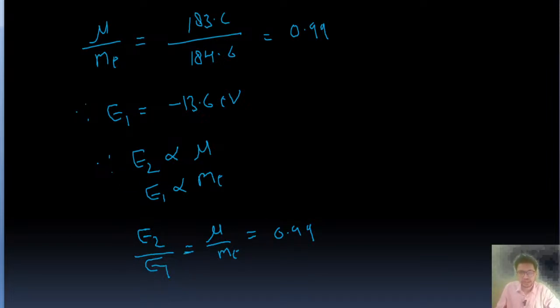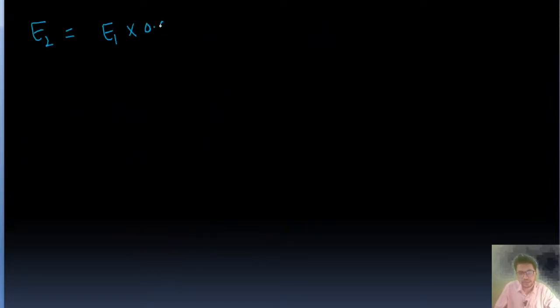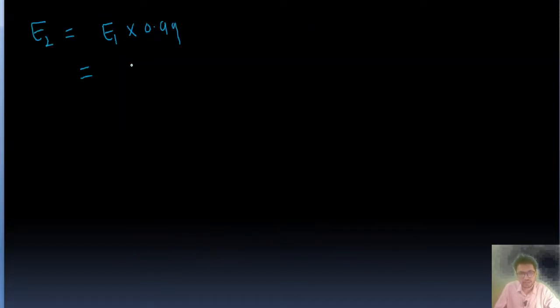So from here the value of E2 is going to be E1 into 0.99. E1 we know is the actual ground state of hydrogen atom, that is minus 13.6 into 0.99. If we solve it, this value is going to be minus 13.52 electron volt, right?